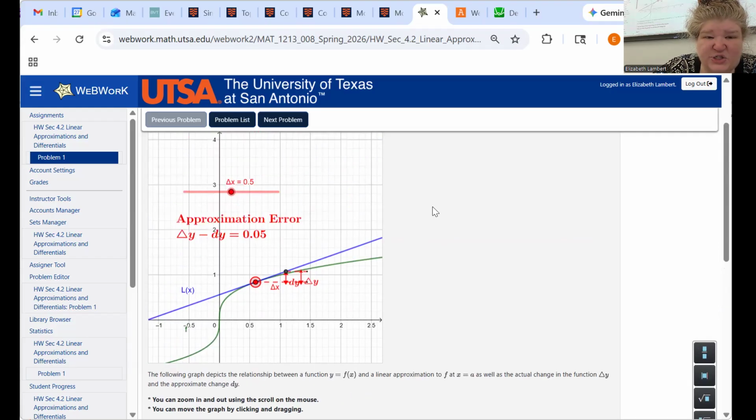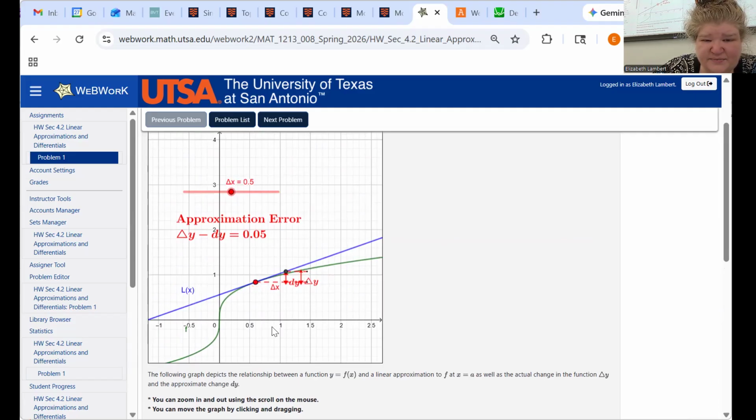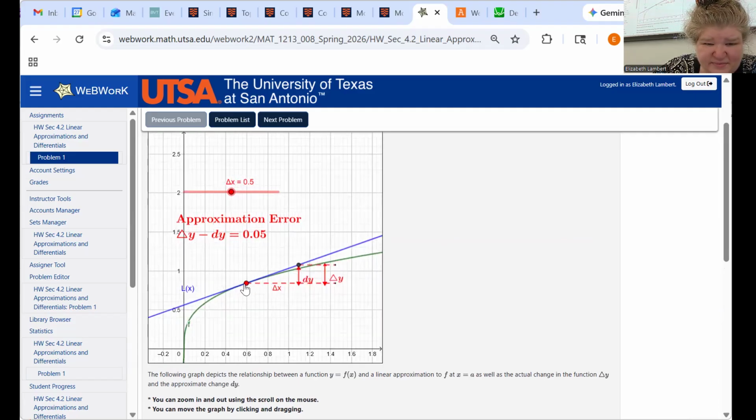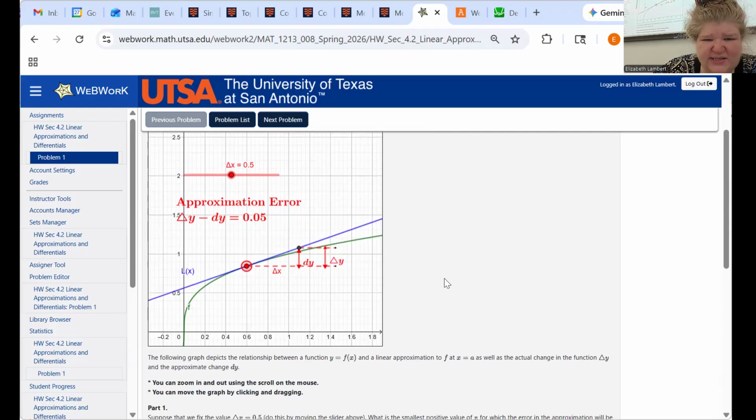Now, you can zoom in on this some. But yeah, 0.6 seems to be where it's at.